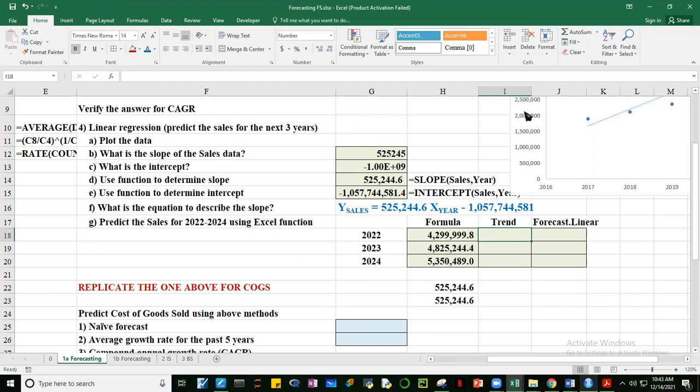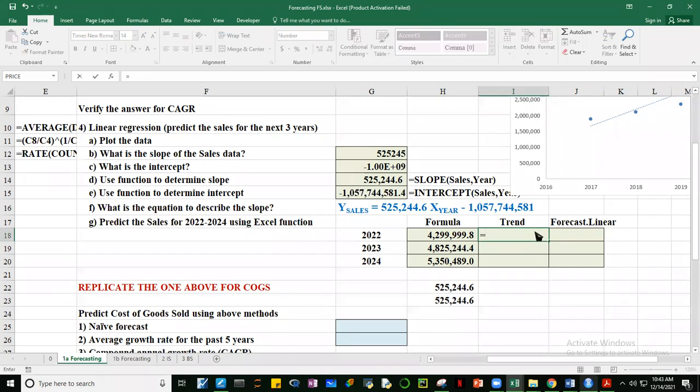And we can use the trend function, guys. May trend function din si Excel. So we use is equal to trend. Okay, ano ibig sabihin ng trend, guys? What's the trend function? It returns numbers in a linear trend matching known data points using the least squares method. So trend, known Y's natin. Ano yung known Y's natin?